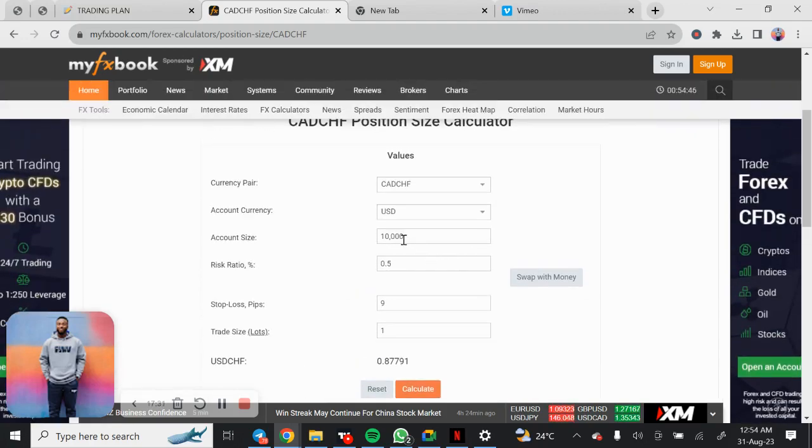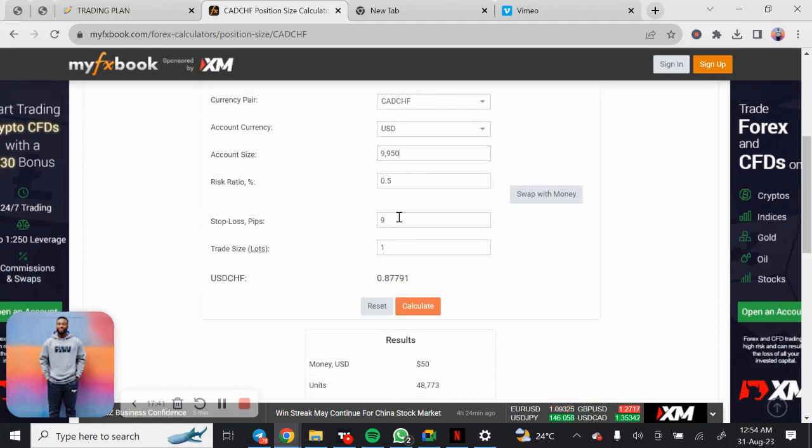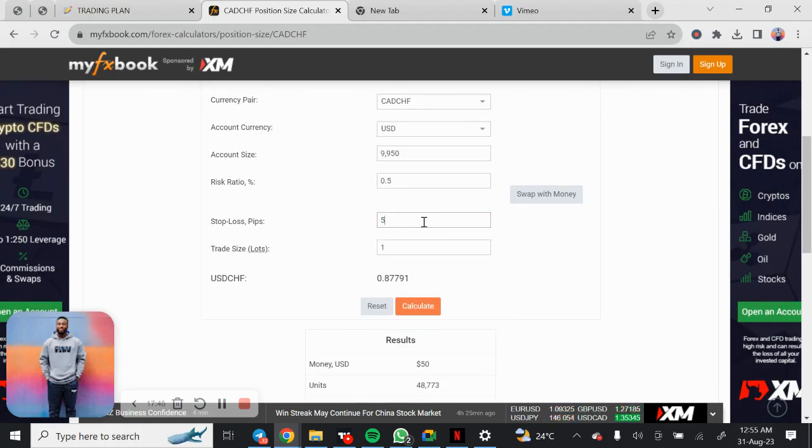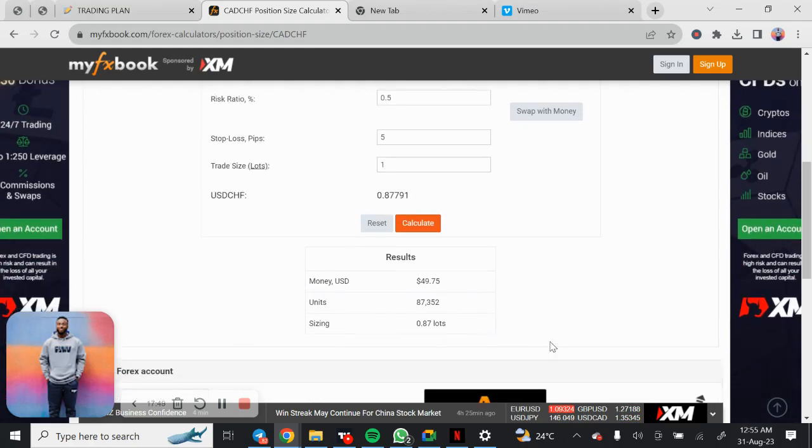Now, if you lost the first trade, your account is no longer 10,000 but rather 9,950. And you go again, assuming on the second trade you had a 5 pip stop loss, you just write 5 pips here. The risk is still consistent. You calculate. Notice how the risk went down to $49.75.